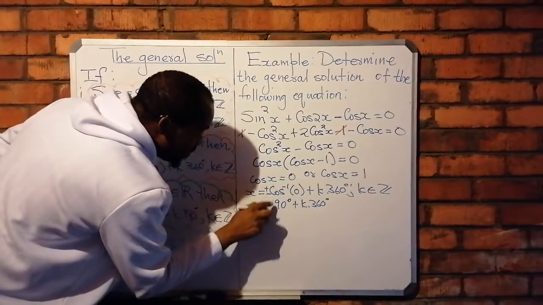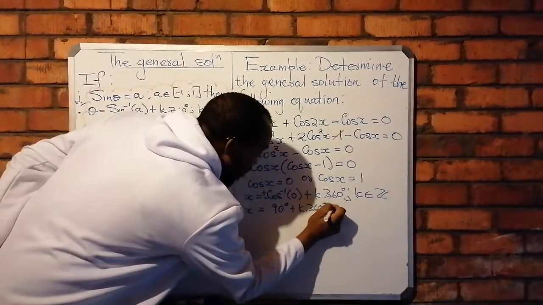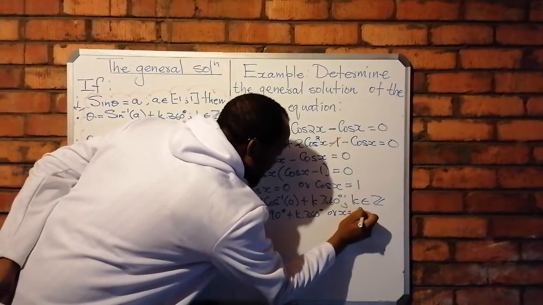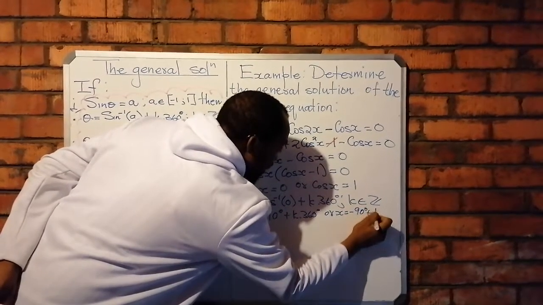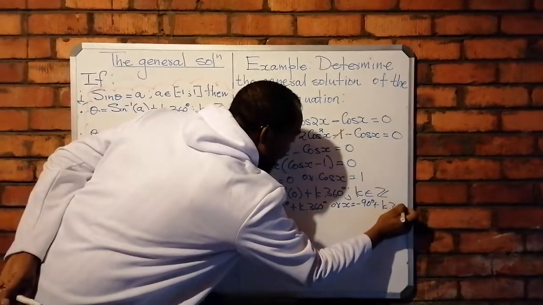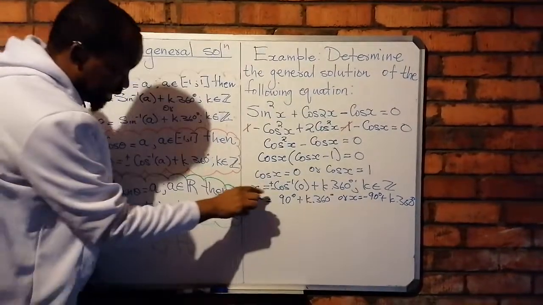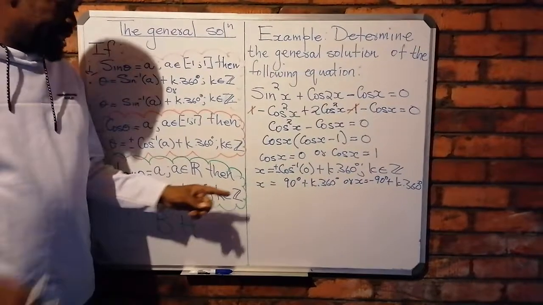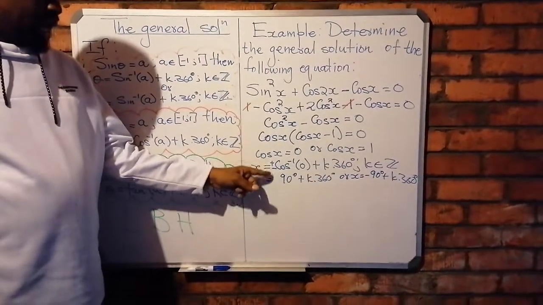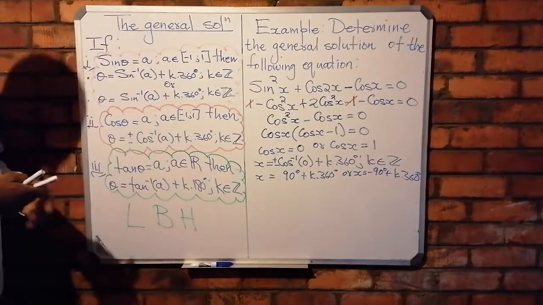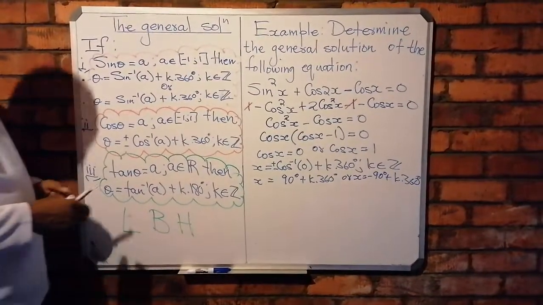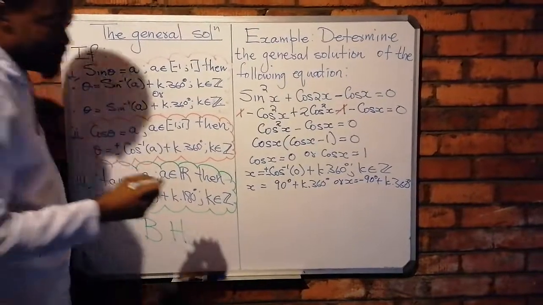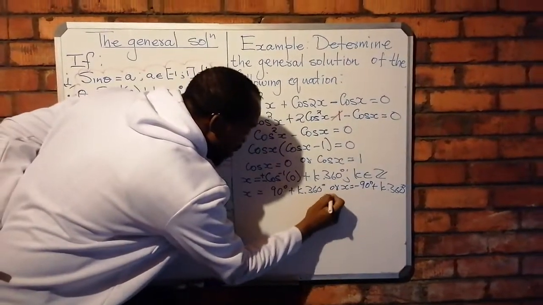I'm going to write first the positive, then x is equal to minus 90 degrees plus k multiplied by 360 degrees. It is now this one. Remember, most mathematicians don't like this plus or minus notation. That is why I'm separating them. I'm one of those mathematicians.